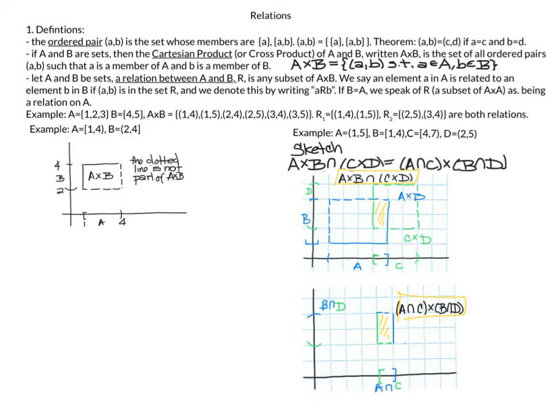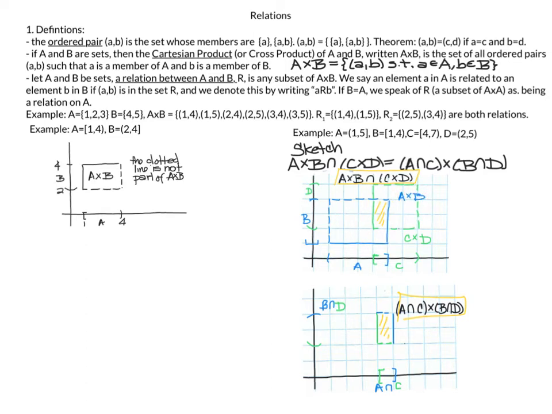Now I can draw A cross B. I have A going from 1 to 5, and B going from 1 to 4. But I also have to make sure that my 1 line is dotted, and my 4 line is dotted. So everything in this blue rectangle, not including the dotted lines, is A cross B. I tried to indicate that with the color blue.